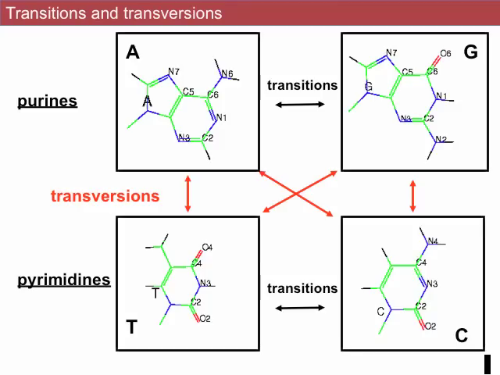The reason we're talking about this is that when people have actually looked at the changes that occur in organisms, either in the laboratory, where you can take a single cell and grow it over many generations and look at what's different at generation 100 from generation 1, or by comparing the sequences of different individuals in a population or different individuals from different species, they have discovered that in most organisms and across most of the genome, it's much more likely that you would observe a transition than a transversion.